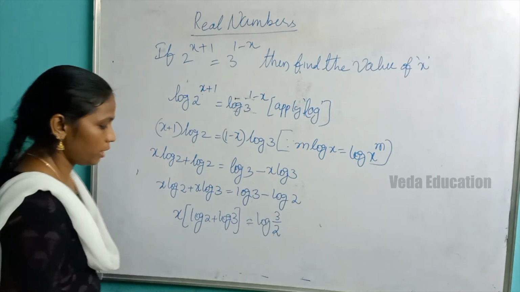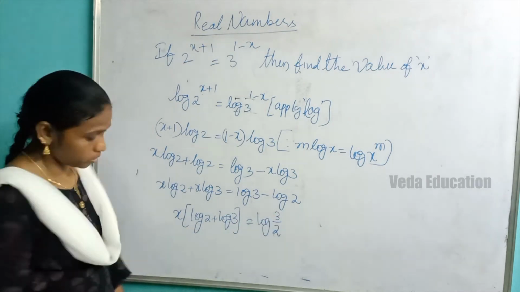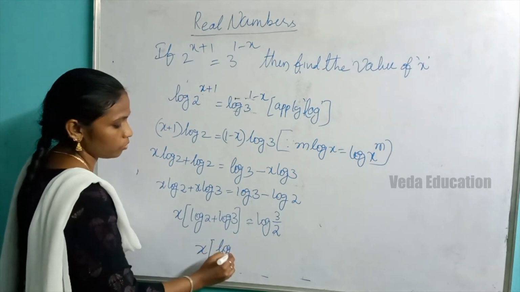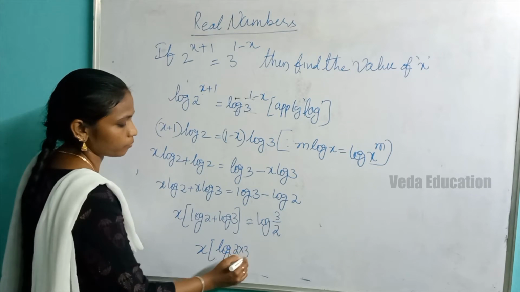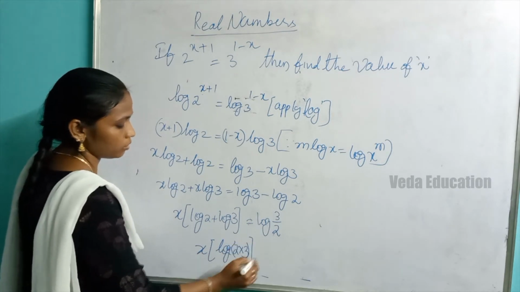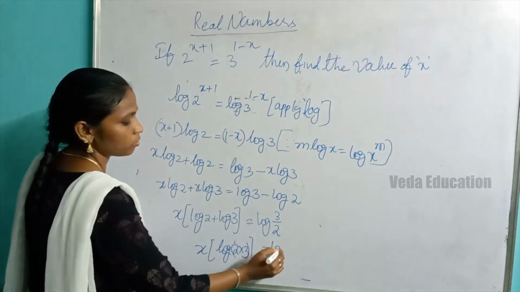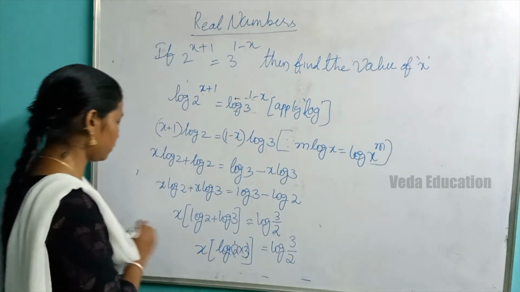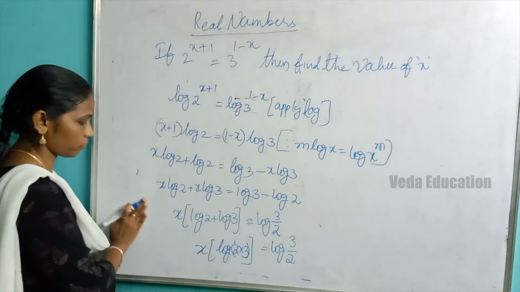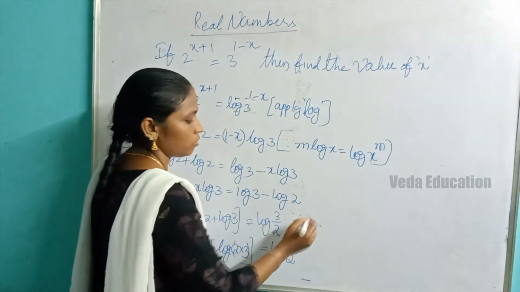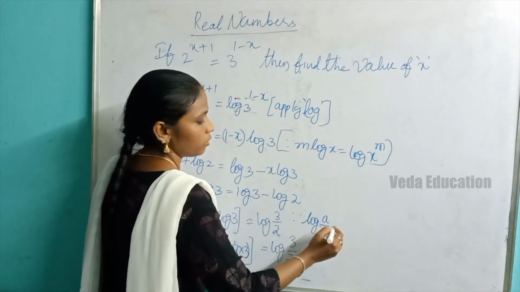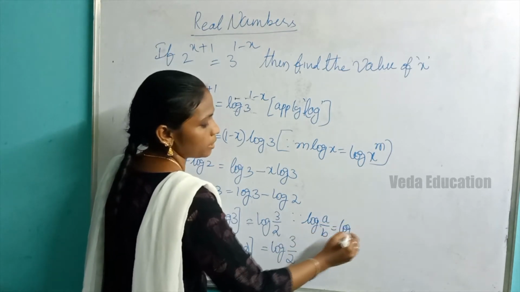so you can write 3 by 2 in division form, and the sum as multiplication. So x log 2 into 3, got it, equals log 3 by 2. Which laws did we use here? Right beside this: log a by b equals log a minus log b.